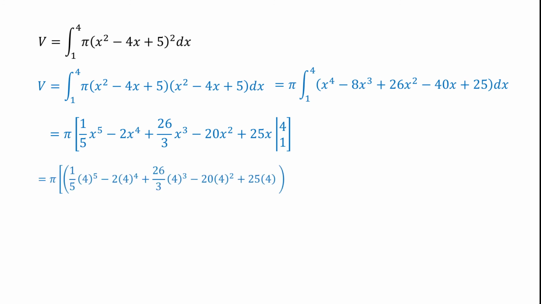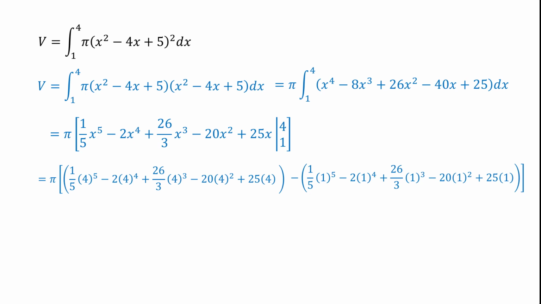That means we evaluate the integral and put in 4 every place there's an x. That'll be pi times the quantity 1/5 4 to the 5th minus 2 4 to the 4th plus 26/3 4 cubed minus 20 times 4 squared plus 25 times 4, and we subtract that integral evaluated at 1.